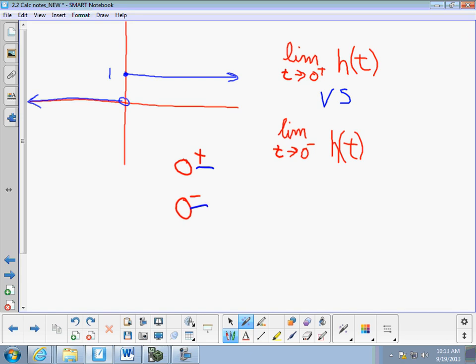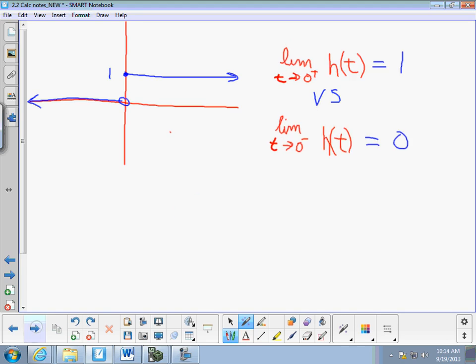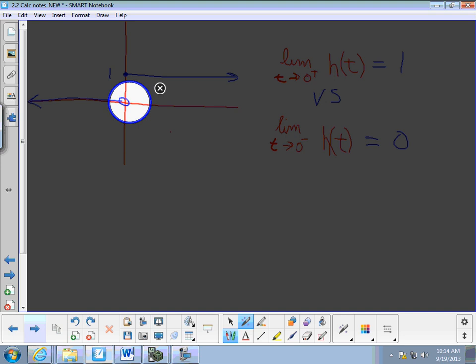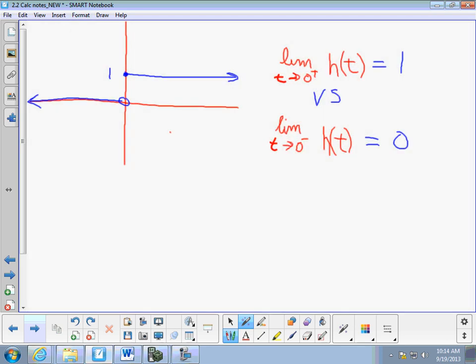And of course the limit from the left is still 0, even though the function at that point down here doesn't exist, while it does exist up here. I'm getting closer and closer to 0, even though I'm already on 0. So the one-sided limit can exist.